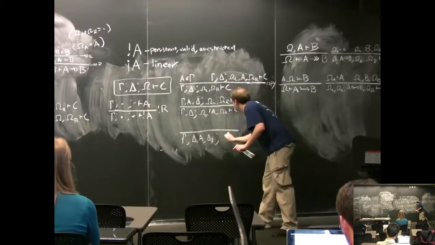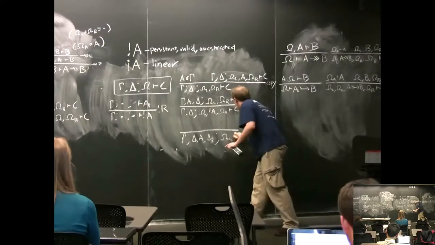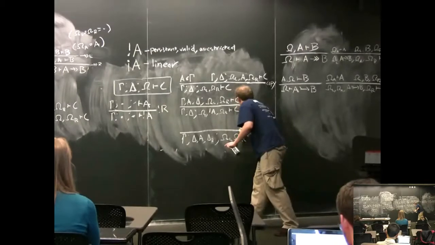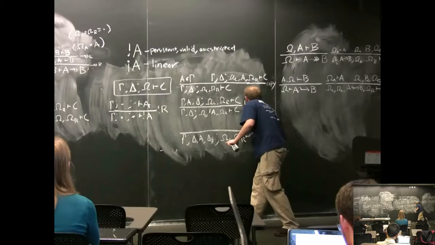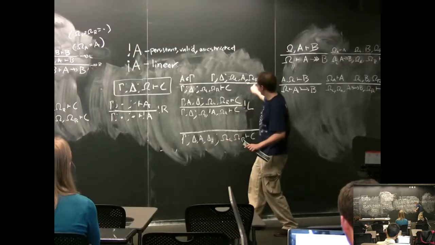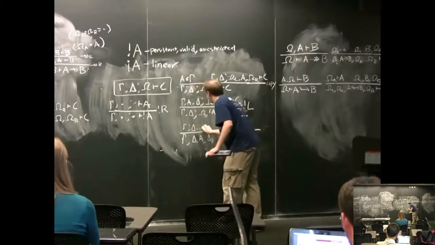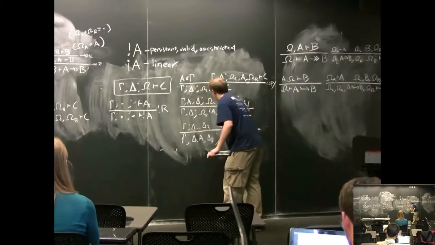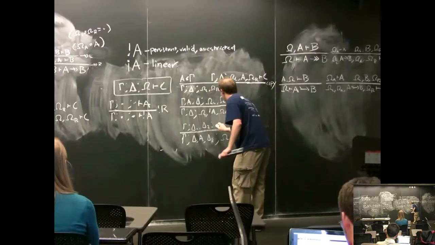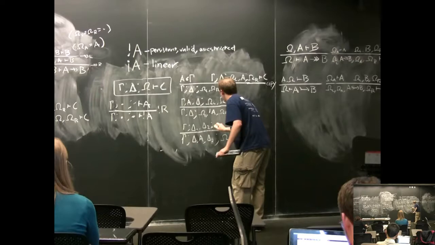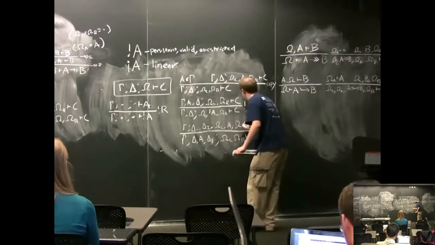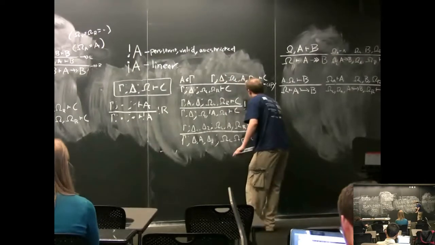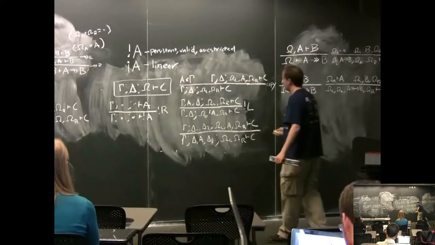So if I've got A somewhere in my linear context, I can put it at any point in my ordered context, just like I could before, except that now it goes away and is no longer in my linear context. Delta 1, delta 2, left, A, omega right, prove C.